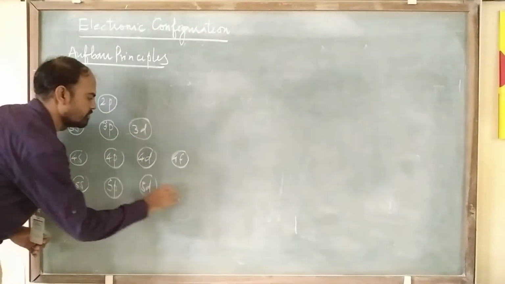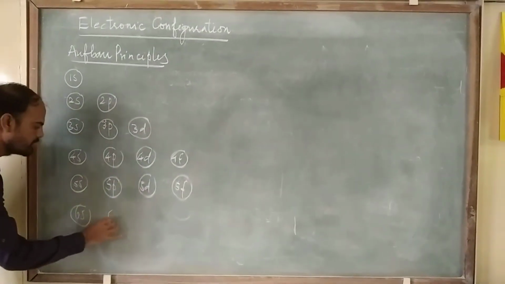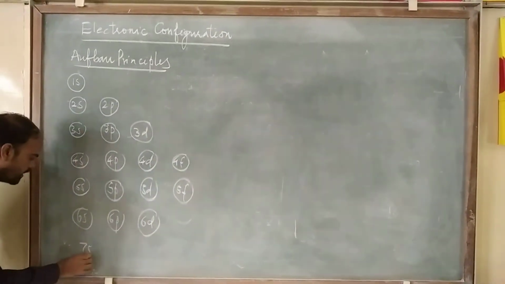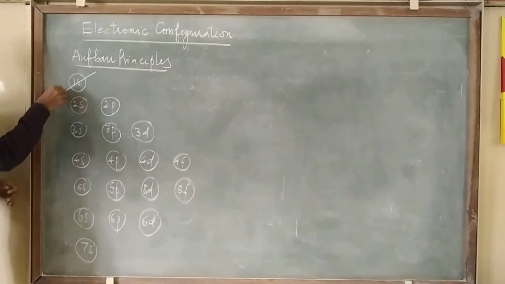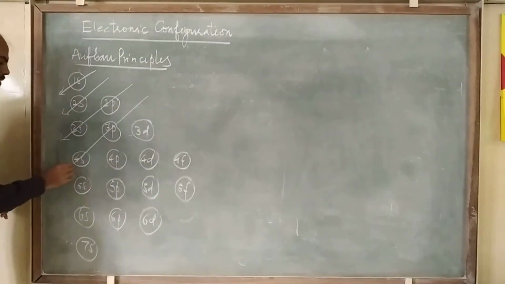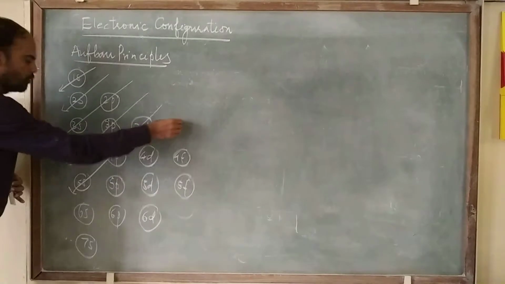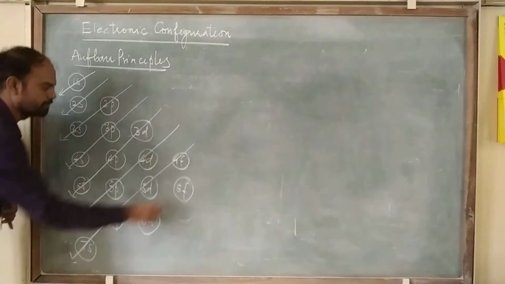Another way is to just keep this order in mind. You can arrange it like 6s, then 6p, then 6d and then 7s. You can make it in a triangular way, and when deciding, just pass the arrows through the arranged atomic orbitals and start moving.